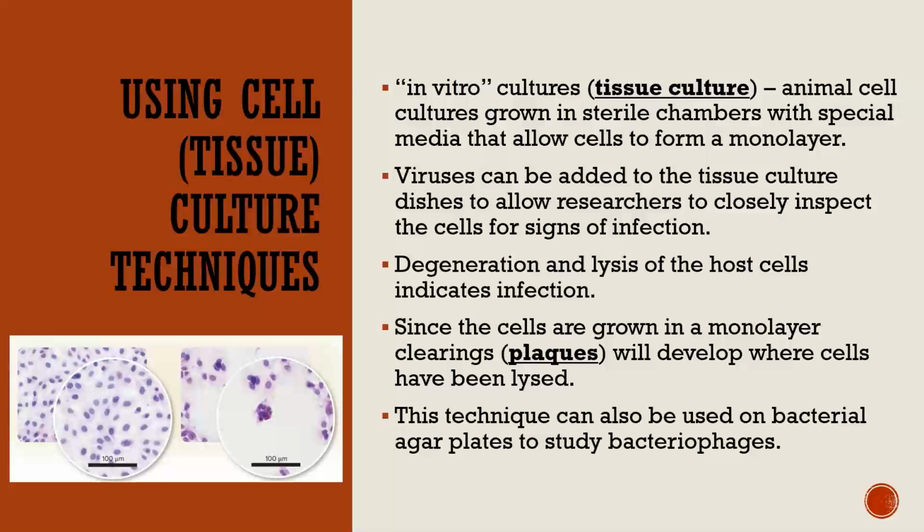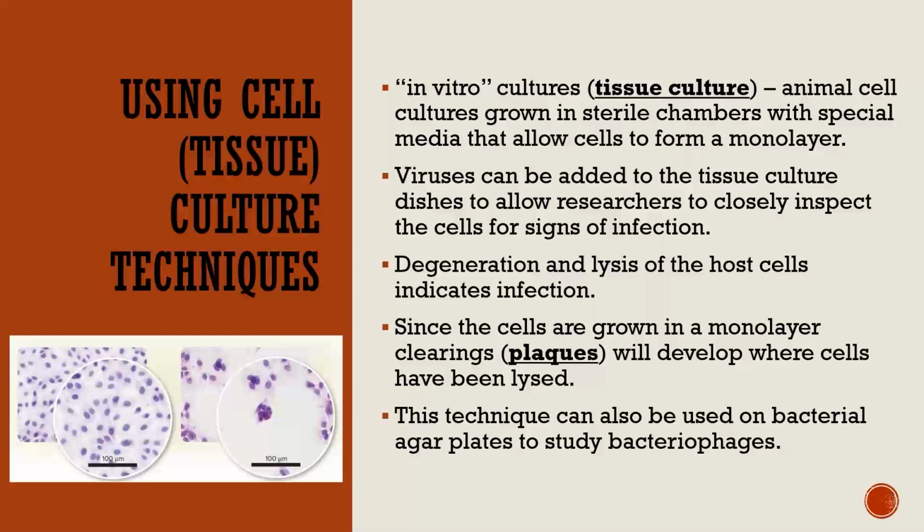Often it's pink because it has a pH indicator to let you know if it's getting too acidic for the cells. It will have lots of nutrients. Often it's bovine serum in it, and it may have some antibiotics to keep it sterile. And you'll grow them in a dish at body temperature, often 37 degrees with a little bit of CO2 in the dark.